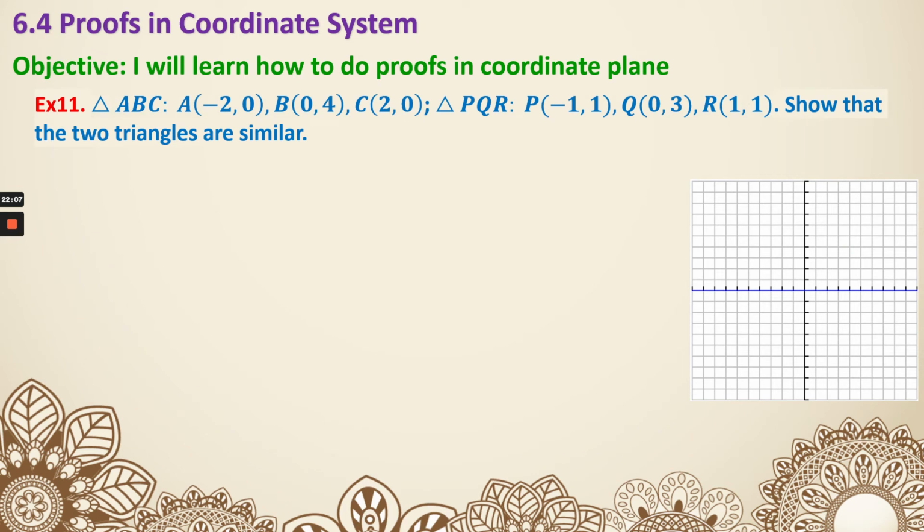Next, example 11. This time we're showing two triangles are similar. So first, let's find them. A is -2, 0. B is 0, 4. C is 2, 0. Okay, I'm going to connect them.